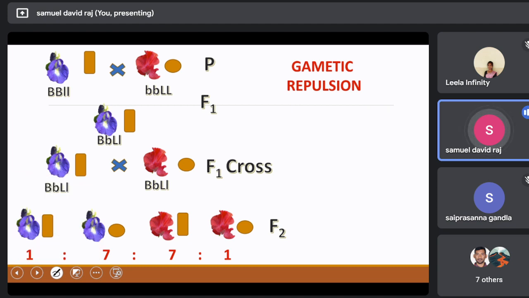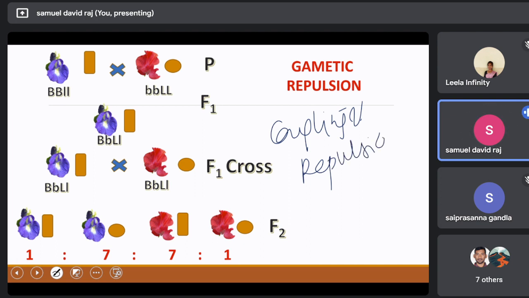But they did not know anything about this, and hence they published this as the coupling and repulsion hypothesis. They just called it a hypothesis. They did not call it a theory.